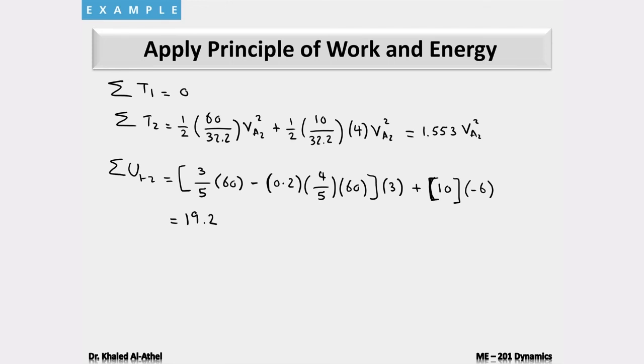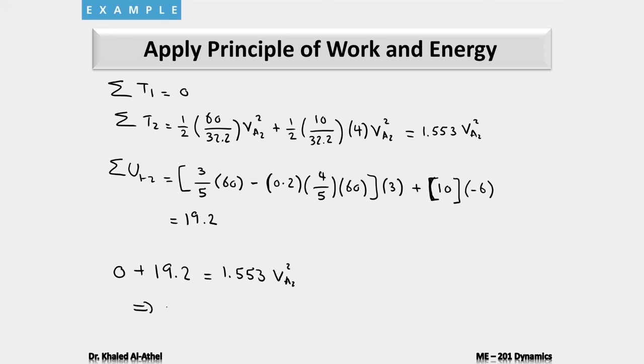Now, write the whole equation. Now I'm going to write 0 plus 19.2 should equal 1.553 VA2 squared.